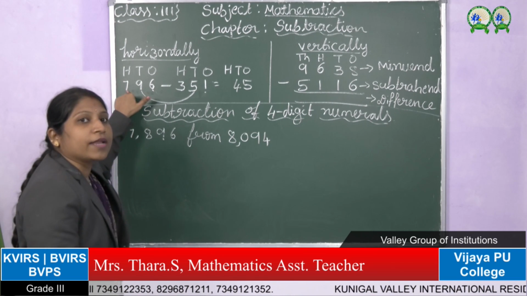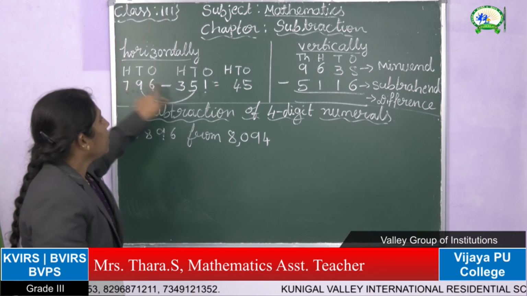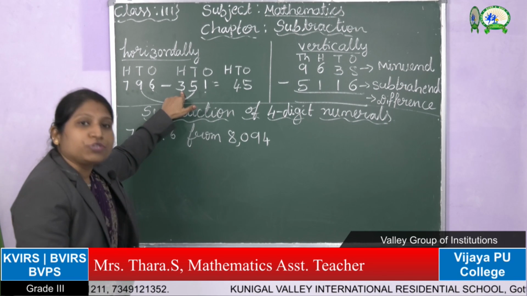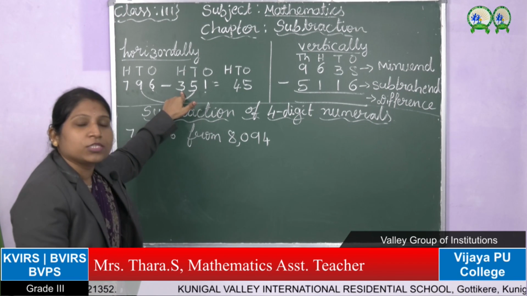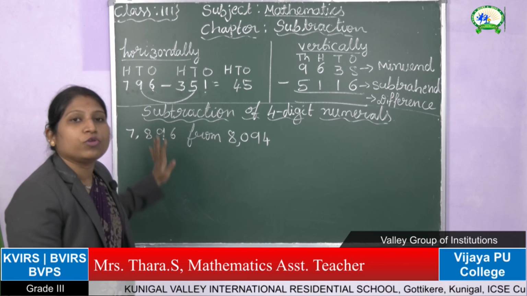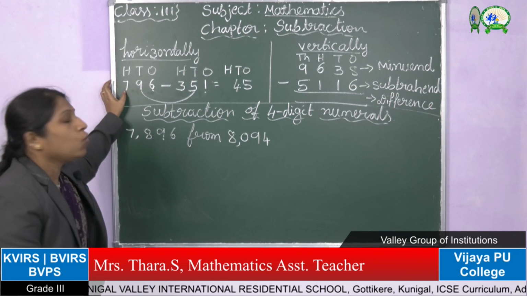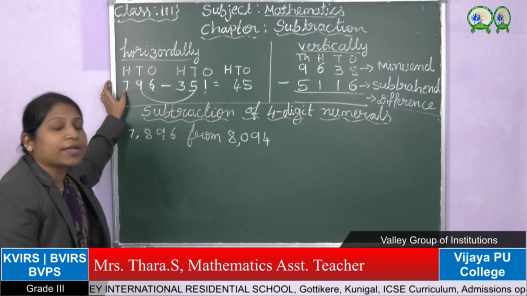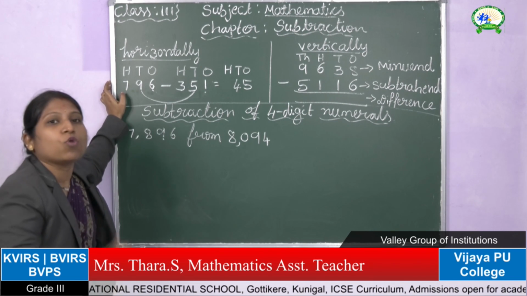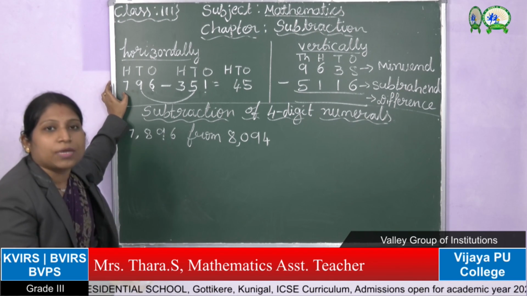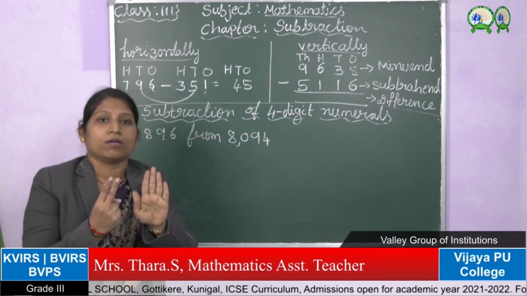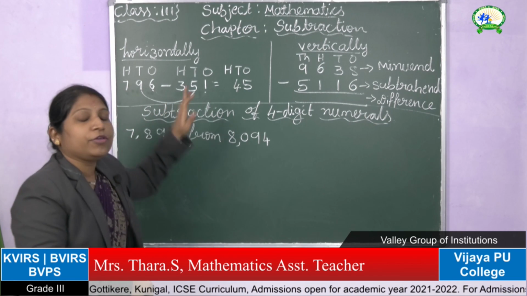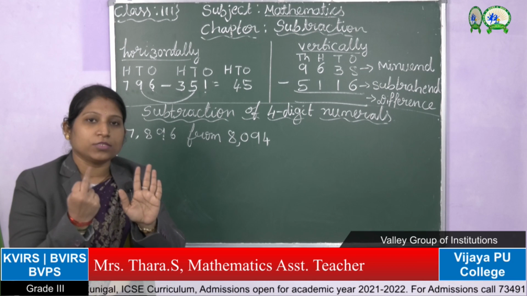And then here in the hundreds place we have a 7, and here we have a 3. When you are going to subtract, children, it is easy to subtract when you start from the big number and go to the small number. So you have a 7 here, and you have to subtract 3. 1, 2, 3.